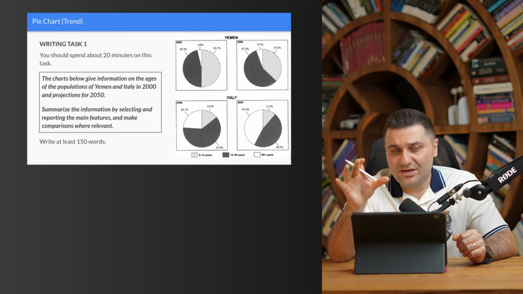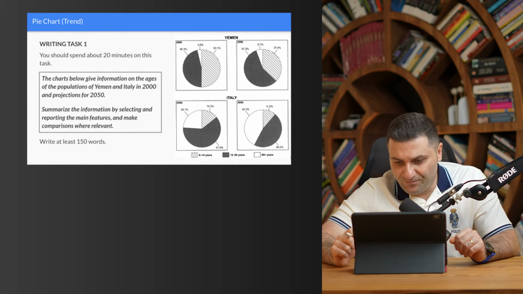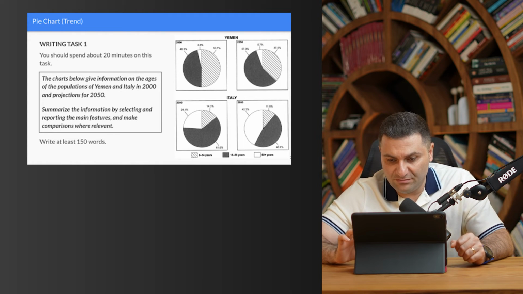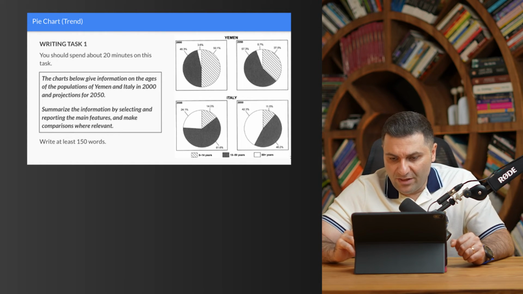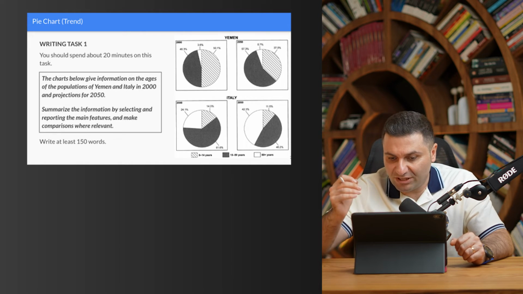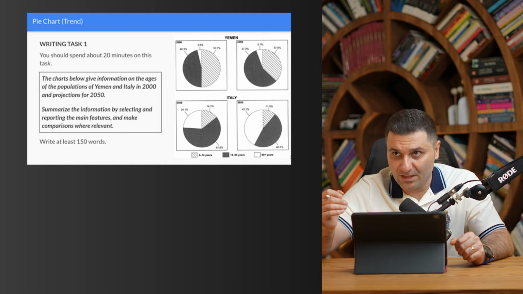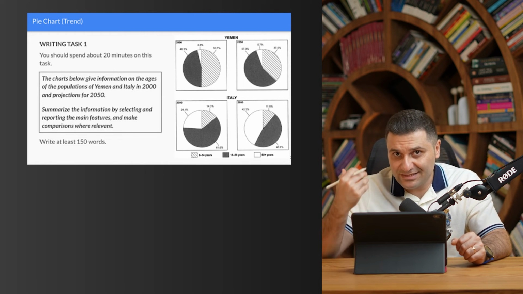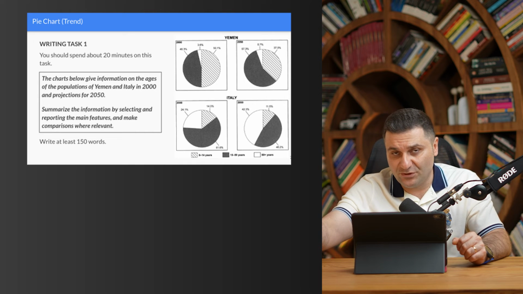All right, now let's take a look at an example pie chart that you can see on your screen. The chart below gives information. Actually, there are two charts on the ages of the population of Yemen and Italy in 2000 and projections for 2050. By projection, the question means that it is about the future, right?